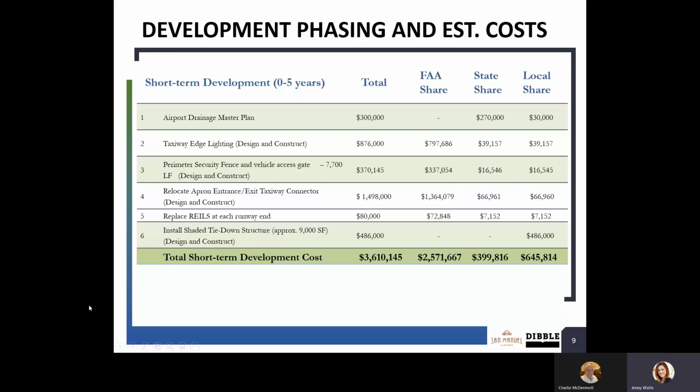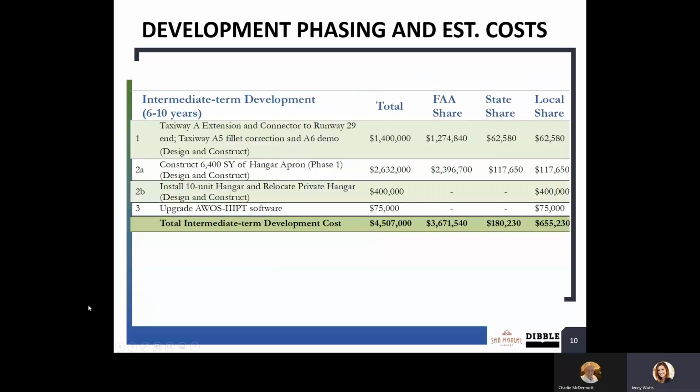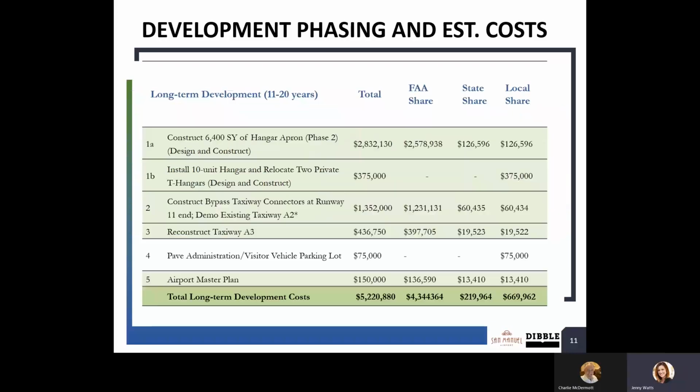So next slide. With the intermediate term development, you'll again see the major projects there being the hangar and apron expansion. You've got about 4.5 million total, with the FAA sharing most of that cost at 3.6 million, and then Pinal County roughly $650,000 for those costs. Next slide.